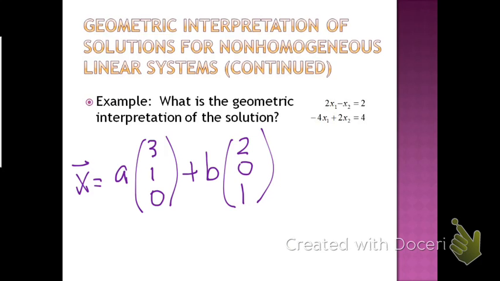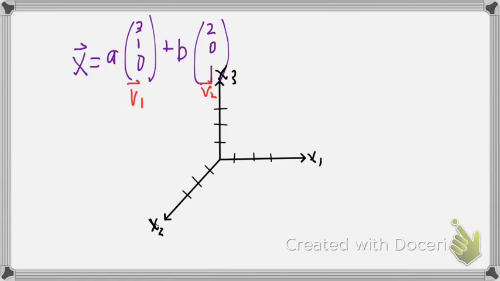Now let's look at the geometric interpretation of this solution x. Let's call the vector 3, 1, 0 v1 and the vector 2, 0, 1 v2. So we have here our vector v1, and we notice it is 3 in the x1 direction.